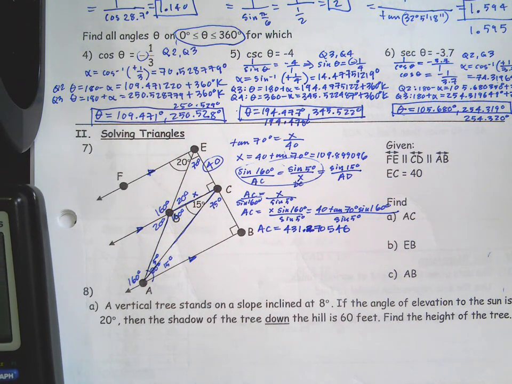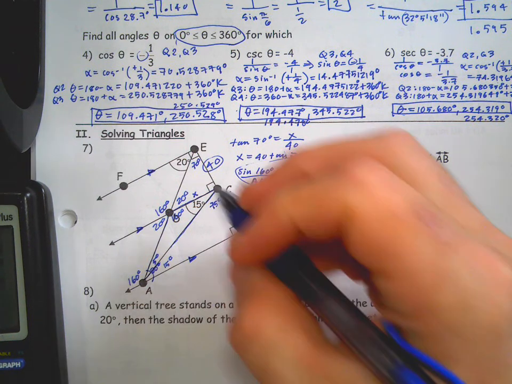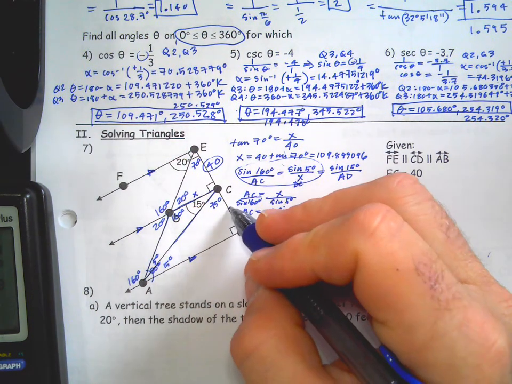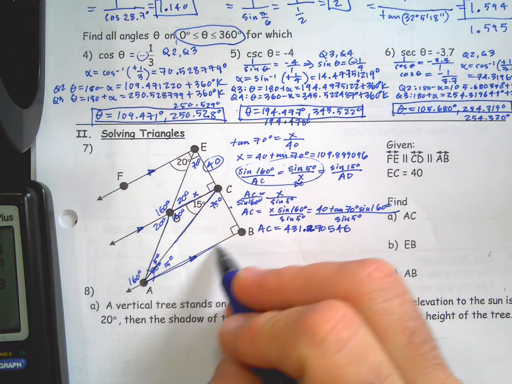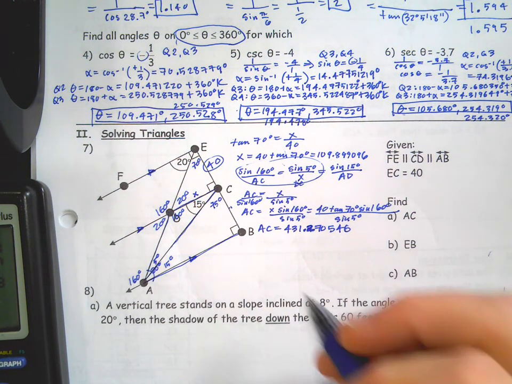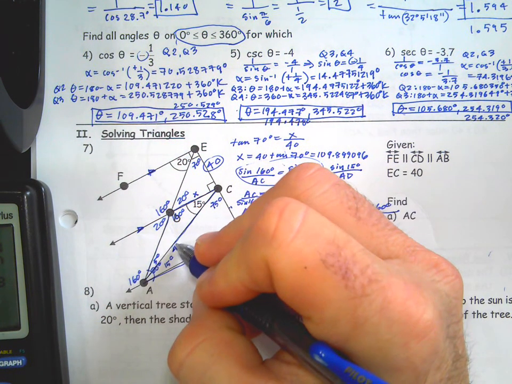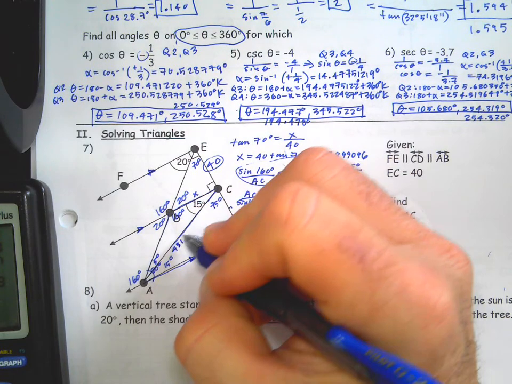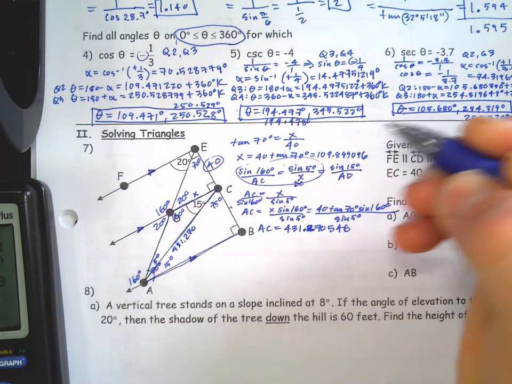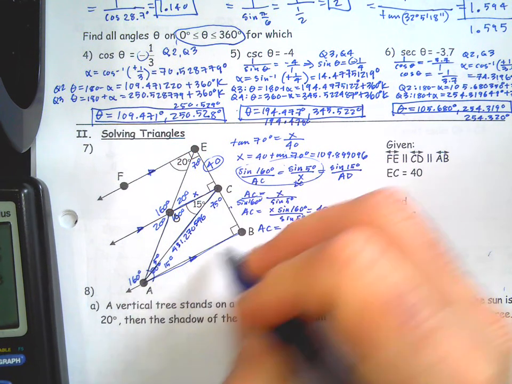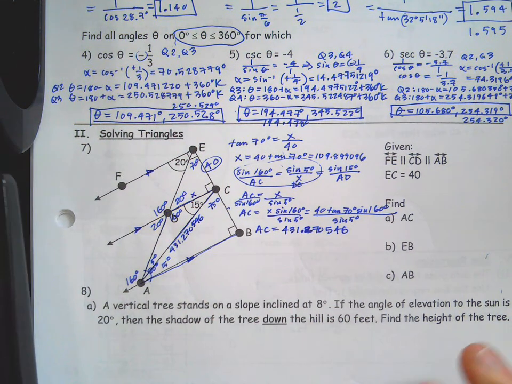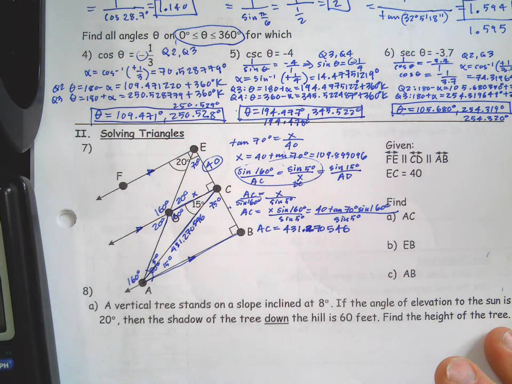EB. Let's see, where is EB? EB is this whole thing. So we've got to figure out what this is before we can find EB. AB is right here. We now have AC right here, 431.270546. So we could start working with this right triangle here, which is a little simpler than law of sines or cosines, to find that.